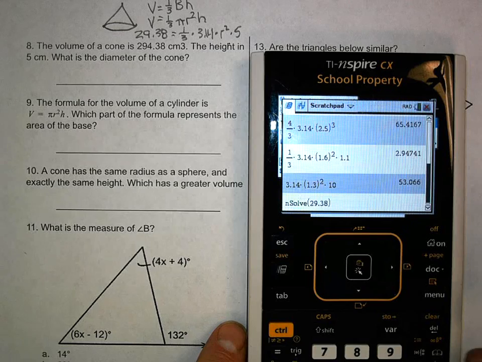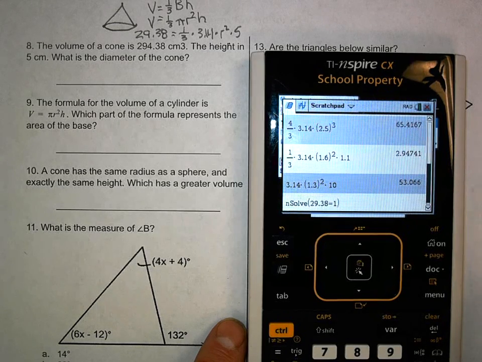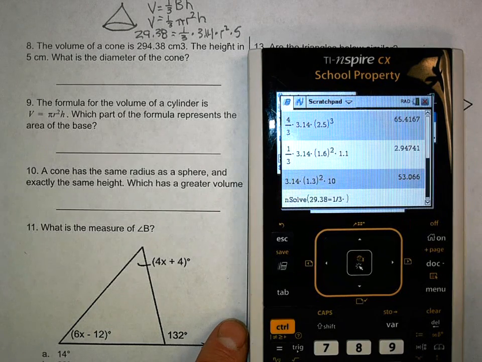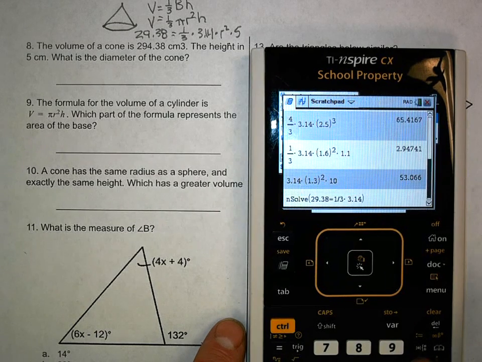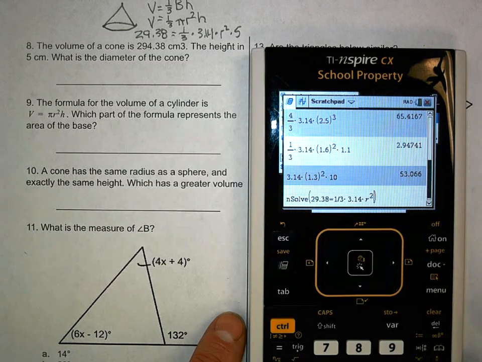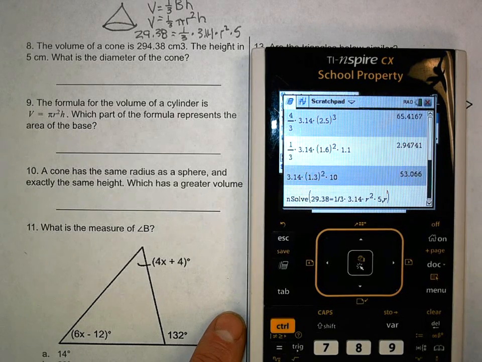29.38 equals 1 divided by 3 times 3.14 times r squared times 5, and remember I got to tell it what I want, comma, r, I'm looking for r, and then hit enter.